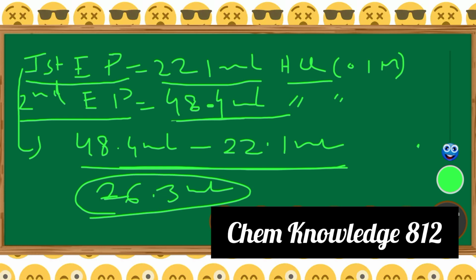So for the first, we have 22.1 ml of HCl used, and for the second, 26.3 ml of HCl is used.